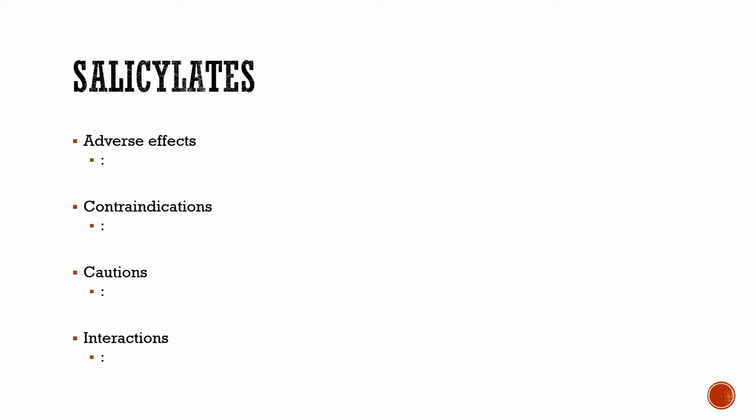It can also interact with corticosteroids and alcohol. Remember, salicylates, especially aspirin, can be tough on the GI mucosa and can cause ulceration, just like alcohol and corticosteroids can do as well.